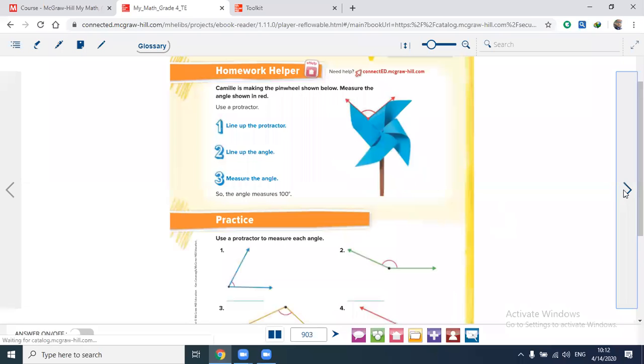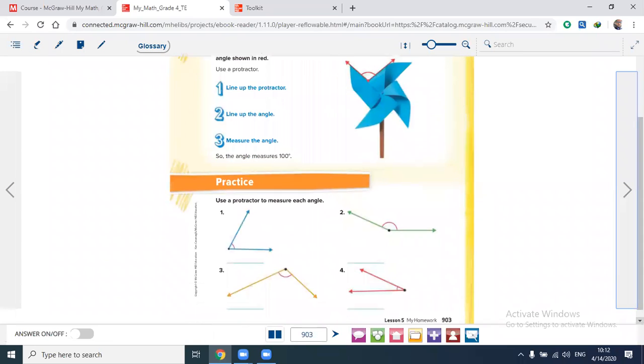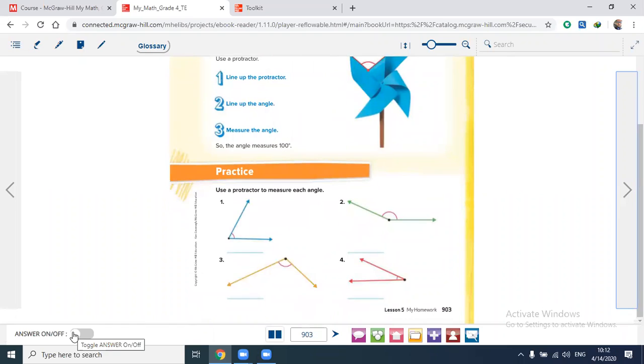Page number 903. It is homework. Open it and write the measure of the angles, and try by yourself at home by using your protractor to check your answer.